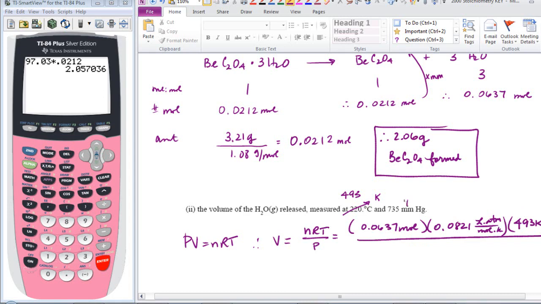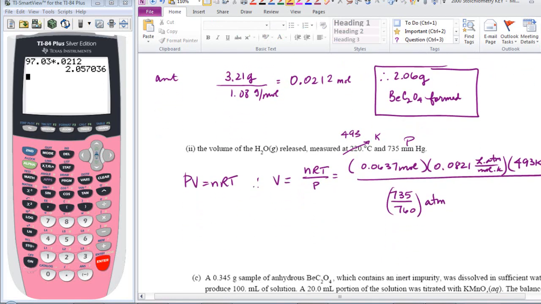Oh, but phooey, they gave me a pressure, but they gave it to me in millimeters of mercury. Not to worry, not to worry. 735 divided by my good buddy 760 millimeters of mercury will make the relationship that is now going to be atmospheres. You can do all the canceling if it makes you happy. I'm just way too lazy for that. You know me by now.